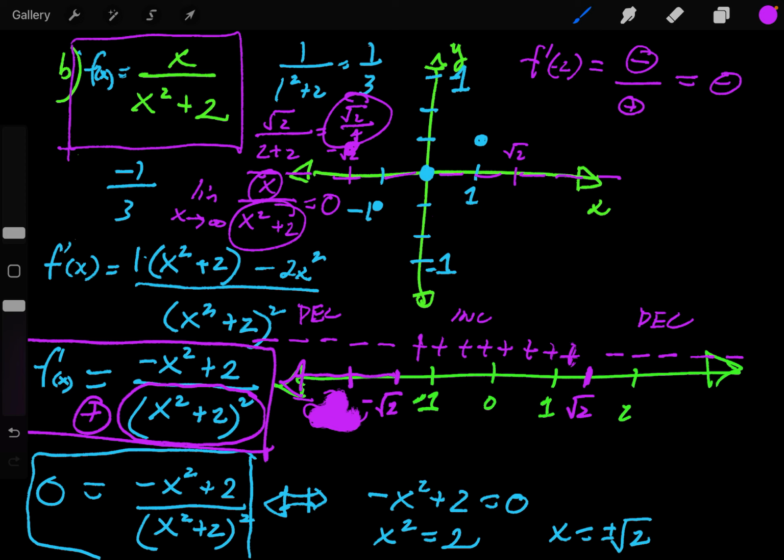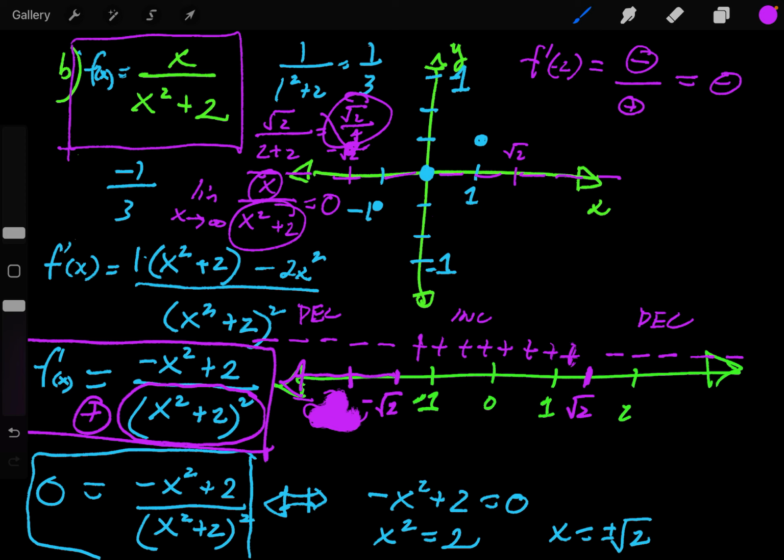So you see, you've got to take your time. What's the mistake in my logic? If it's decreasing, that means it has to come from up here and go down like that. How's that possible? And then increasing. What did I do wrong?